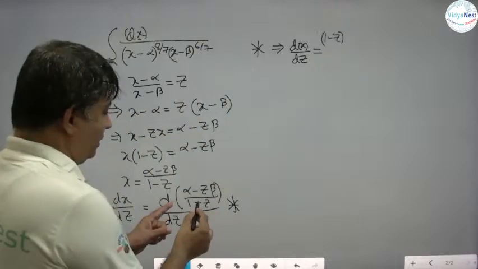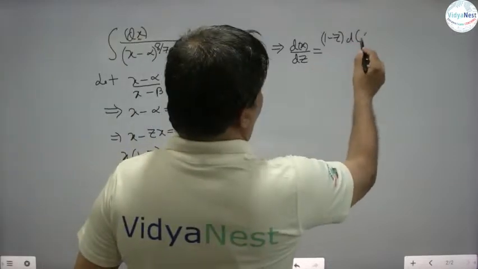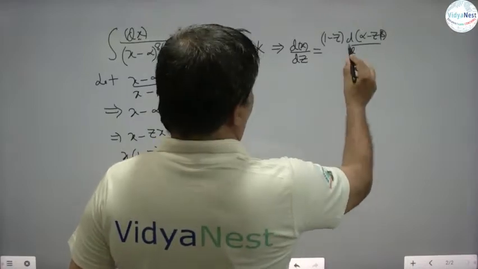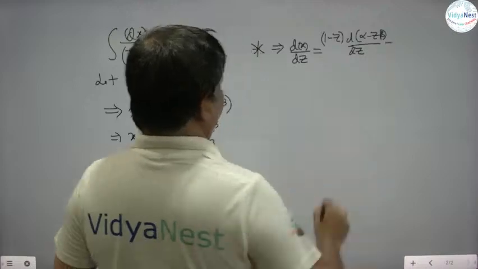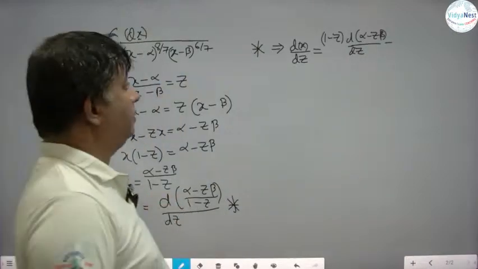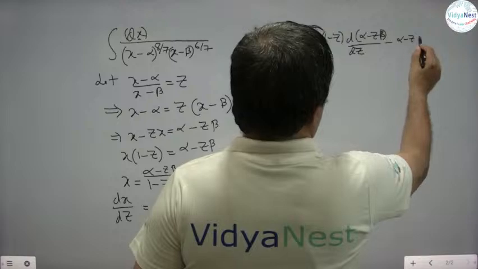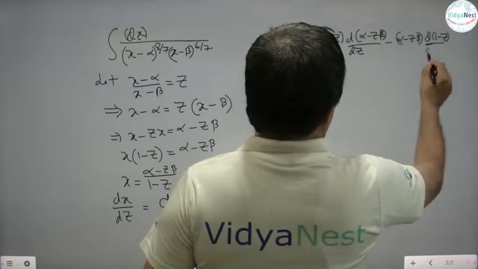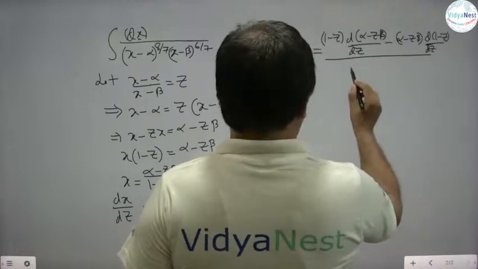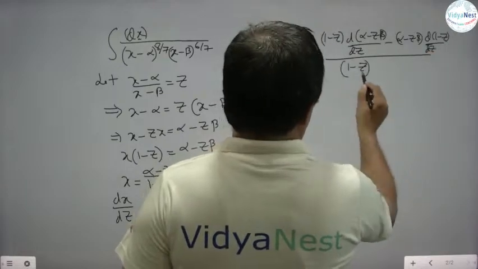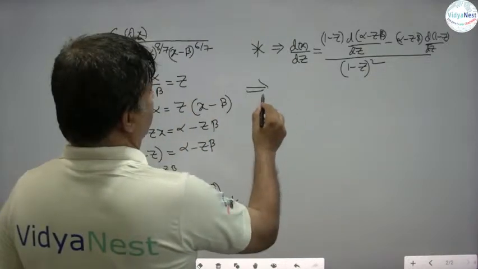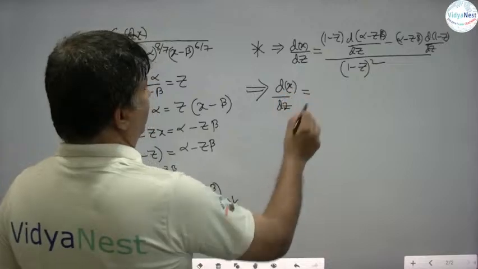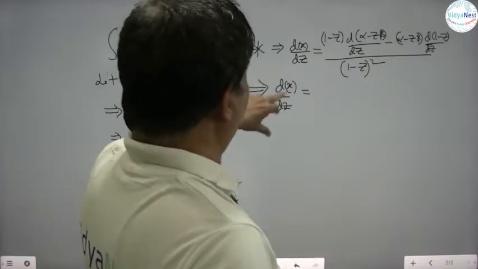V into differentiation of u minus u into differentiation of v by v square. So d dz of x actually.